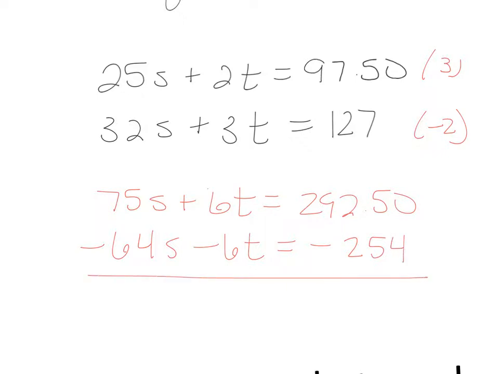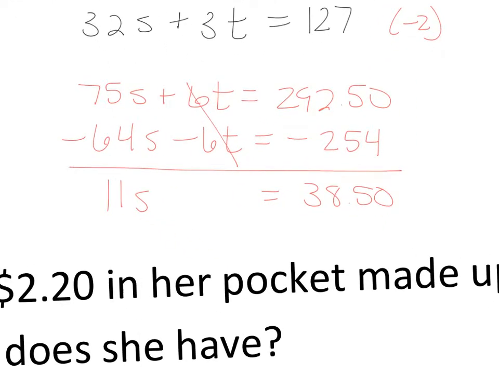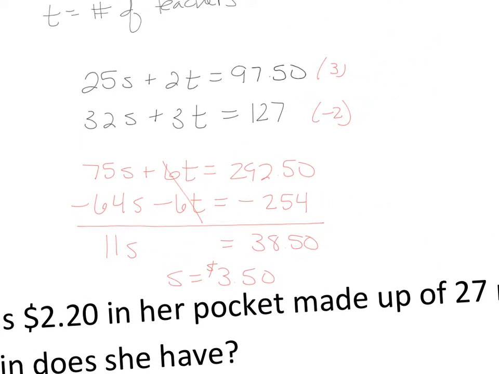Okay, so those T's are going to cancel out. When I subtract here, I get 11S, and then 292.50 minus 254, I end up with 38.50. All right, so now I'm going to divide by 11 and get S equals $3.50.